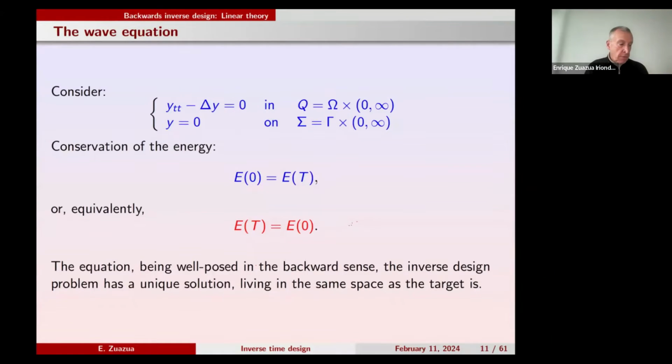Maybe the most favorable one is the one of the linear or nicely nonlinear wave-like equations. This is the acoustic wave propagation equation, or the equation for the vibration of a one-dimensional string or a two-dimensional membrane.